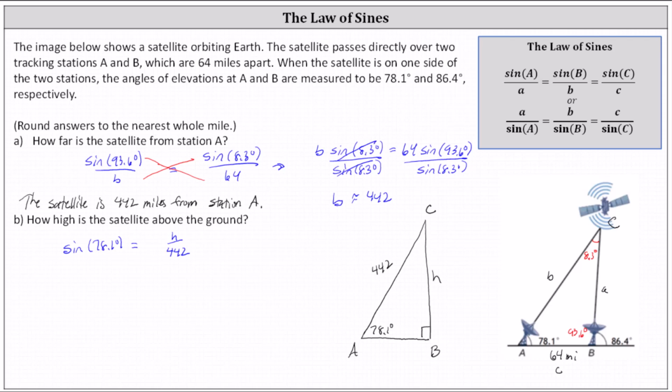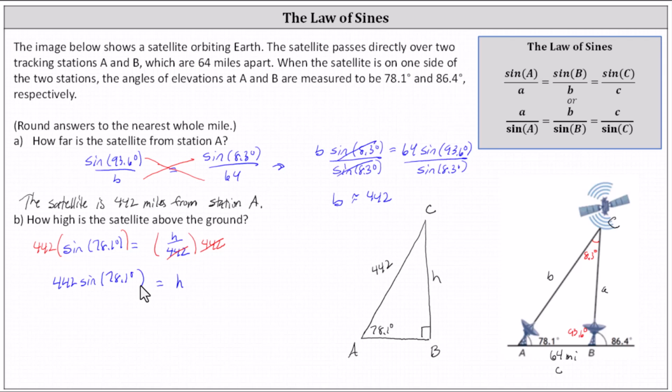To solve for h, we multiply both sides by 442. Simplifying on the right side, 442 divided by itself simplifies to 1, giving us the height h equals 442 times the sine of 78.1 degrees.